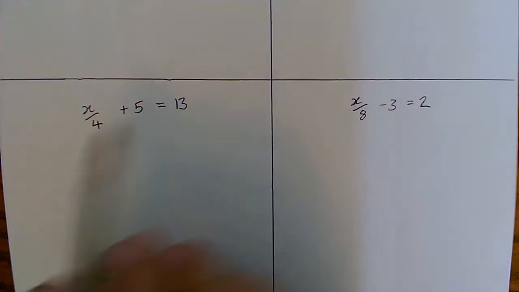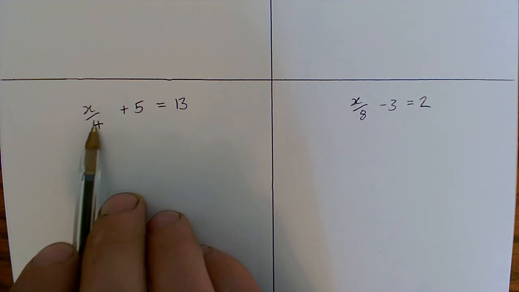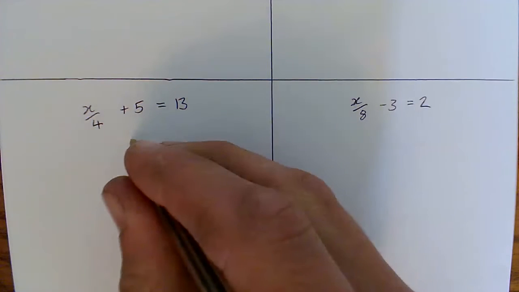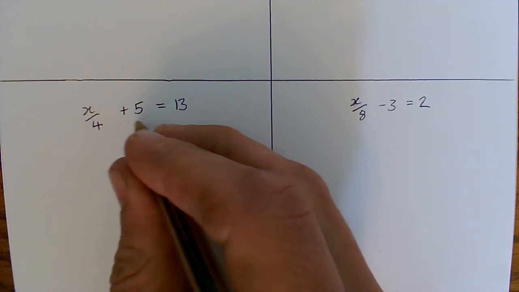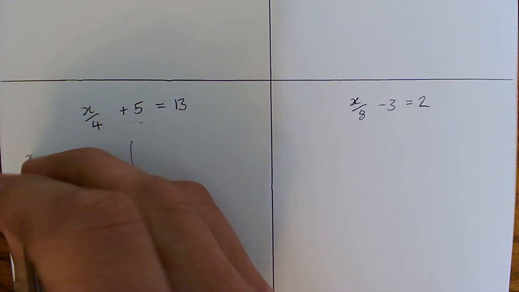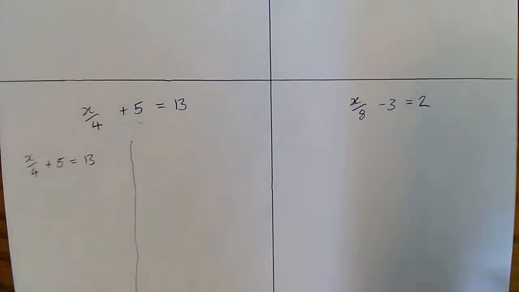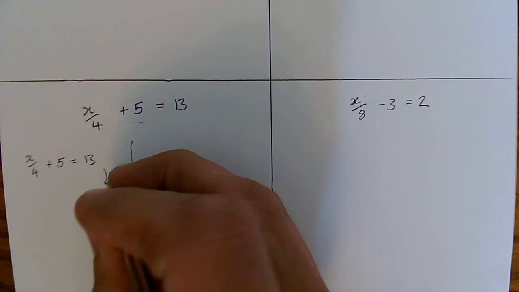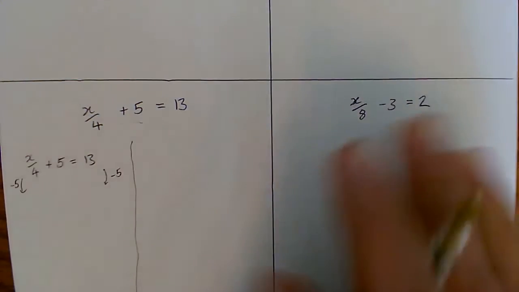So, as I said, the difference here is only the x is divided by 4. And that makes a big difference. And actually, there's two ways that we can solve it. You only need to use one of them. My personal favorite would be to deal with that plus 5 first. So x over 4 plus 5 equals 13. So we could take away the 5 first from both sides.